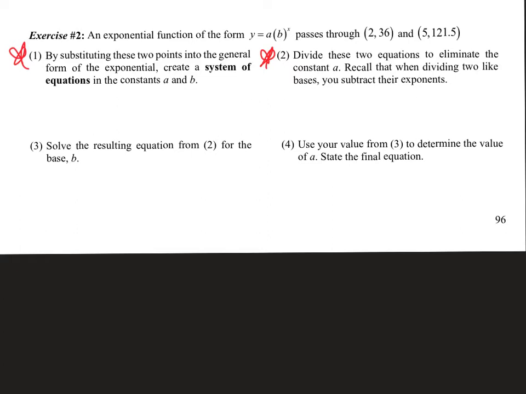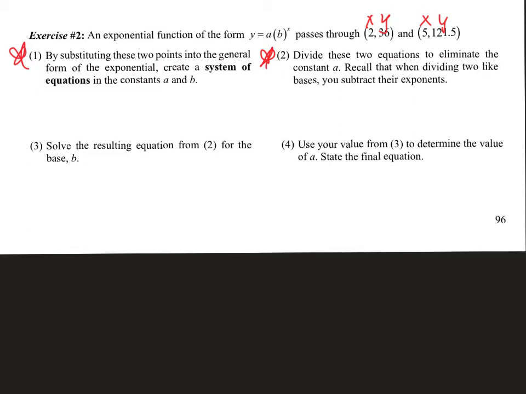By substituting these 2 points into the general form of the exponential, create a system of equations in the constants a and b. Well, all they're really saying is we're going to substitute in the x and the y. So this is an x value, this is a y, this is an x value, and this is a y. So I'm going to plug in the x and the y into that general formula.